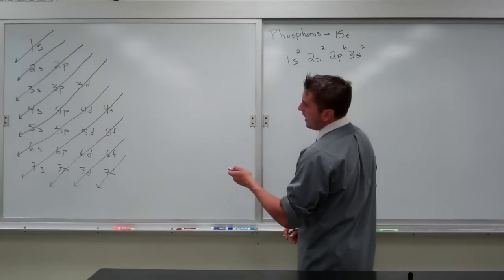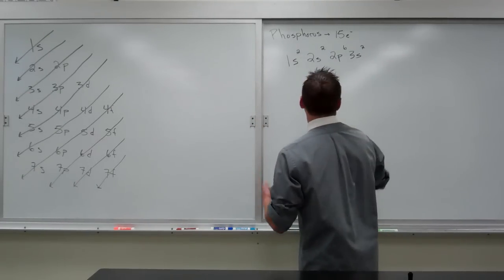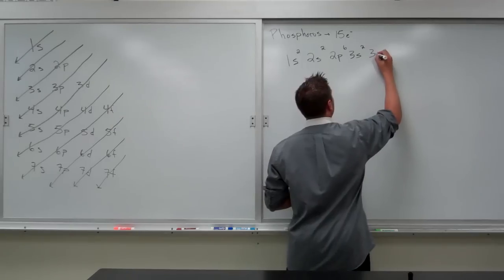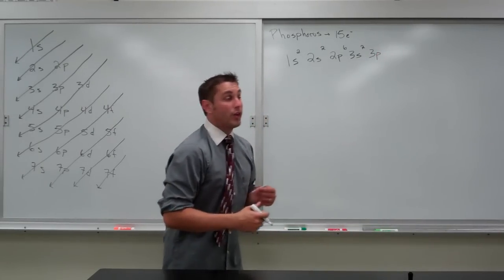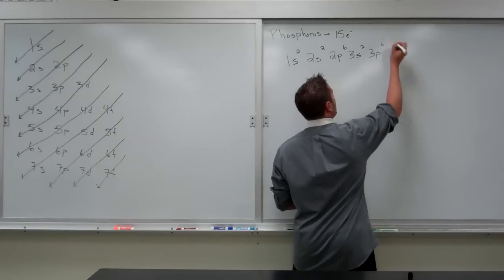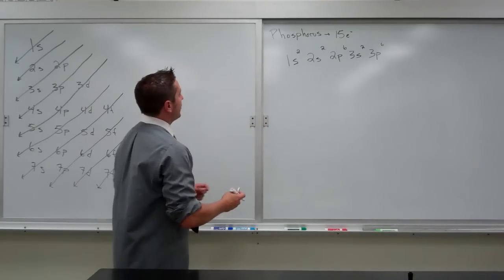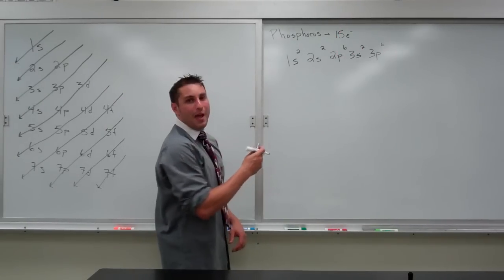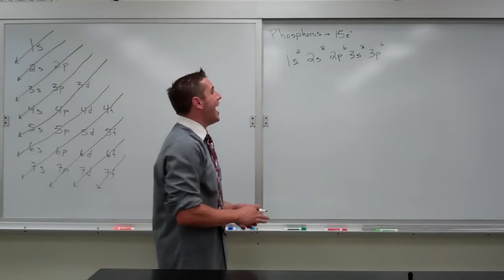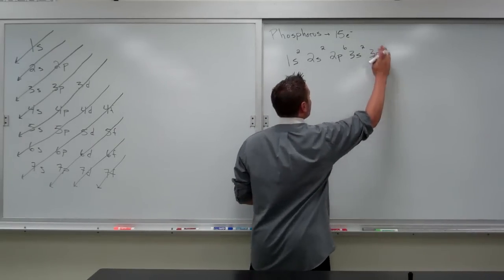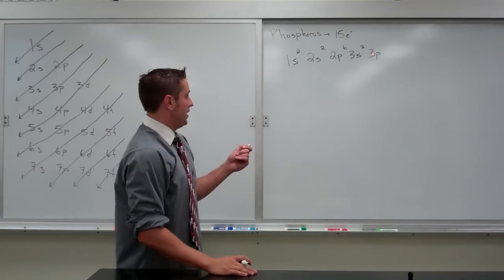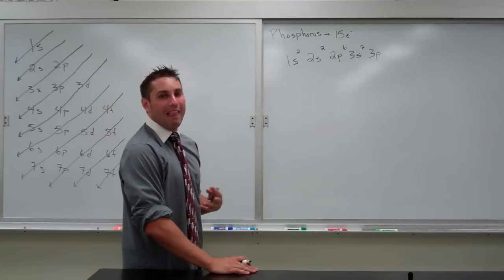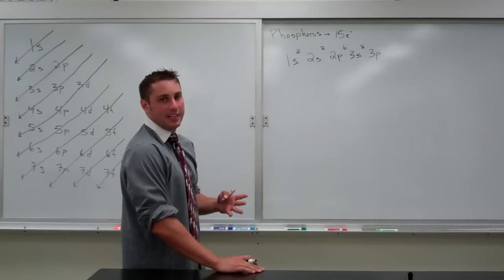After the 3s fills, we jump up and fill the 3p. Now, a p orbital can hold 6 electrons. But if we do that, watch what happens: 2, 4, 10, 12, 18. We've surpassed the number of electrons that phosphorus has. The last orbital that you write is allowed to contain less than the maximum number that that type can hold.